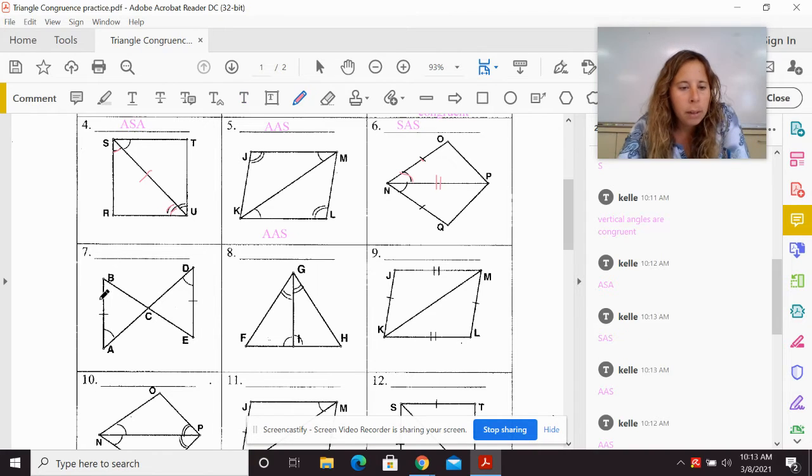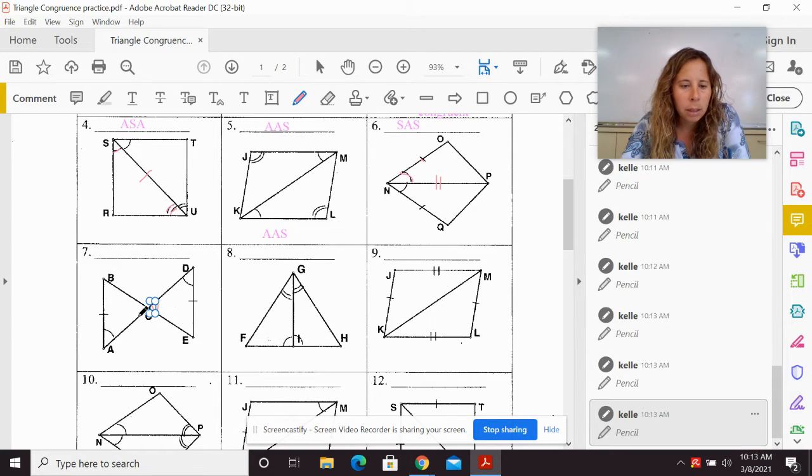So number 7, we have side, angle, and then we have vertical angles. So let's go ahead and put those in. So this angle is congruent to this angle. Let's see if that helps us. So now I have side, angle, angle.